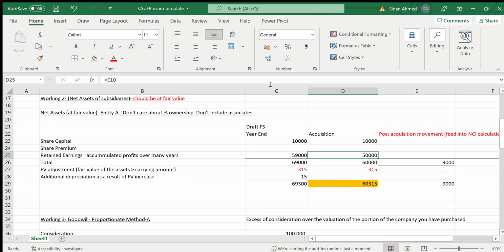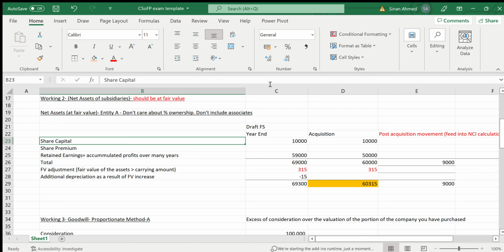How did the entity perform after it was acquired? So this comes from the year end, from the FS, as I said before, and this will be told in the question. You then do your movements, your totals. You can do a total column here, you don't have to. Actually, the less total columns you have, the less likely you are to make mistakes.